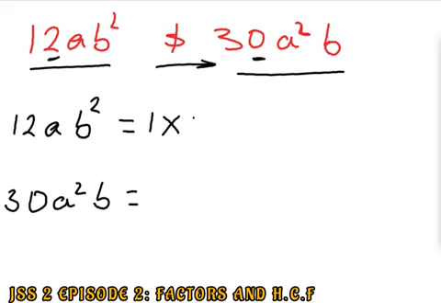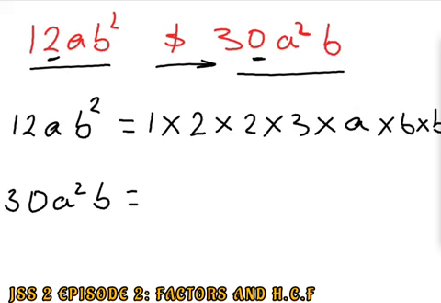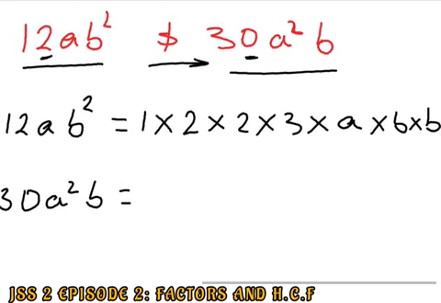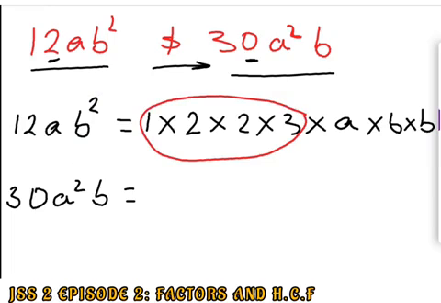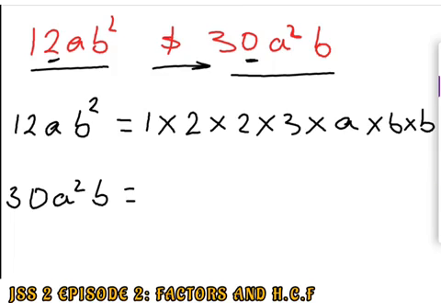Now we add times a times b times b. These are the factors of 12ab squared, because a times b gives ab, and ab times b gives ab squared. Good. And when we multiply ab squared times 12, it gives 12ab squared. That's the factors of that.